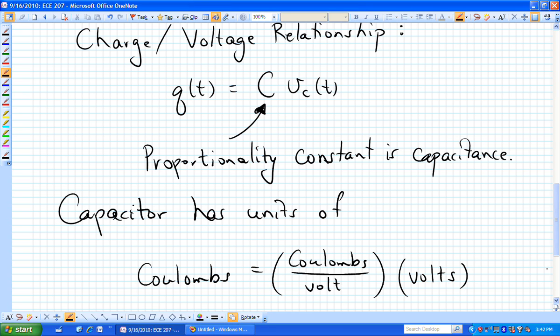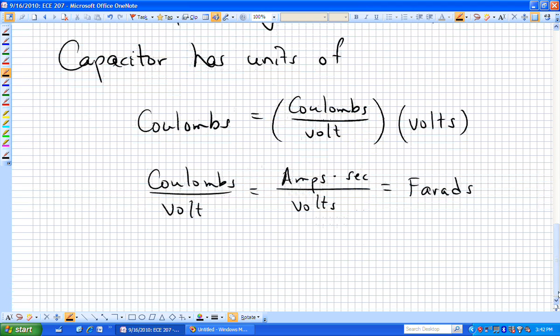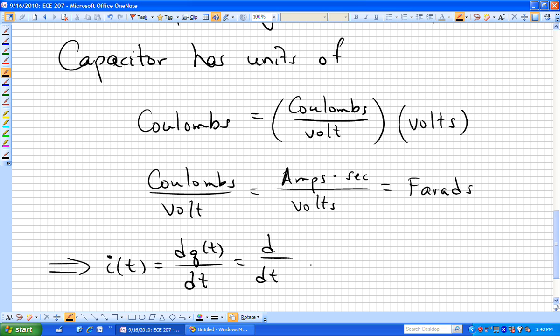Or if we simply differentiate that relationship, Q is equal to CV, we could maybe introduce our current, and then we would have a current voltage relationship for the capacitor. If we do that, then we can see that we have I of t, which is dq of t dt, by definition of what I of t, our current, actually is. Now if we say, well, that's actually the derivative of the right-hand side also.